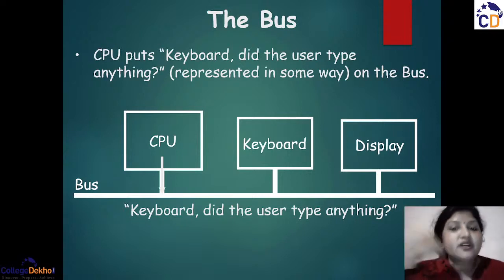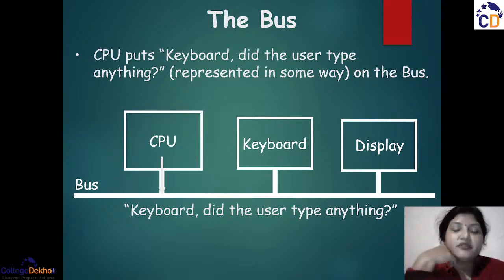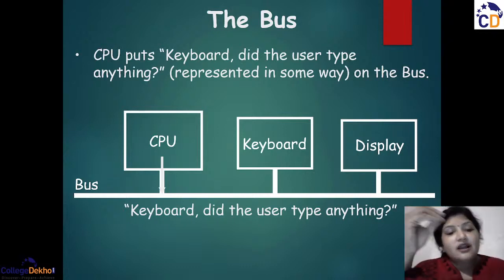And from where are we getting the input? From various input devices. We have already discussed the input and output devices in the previous sessions. So we have understood there is one bus which connects all the hardware or input and output devices, and the brain of the computer is now deciding whether any input is given by the user or not.